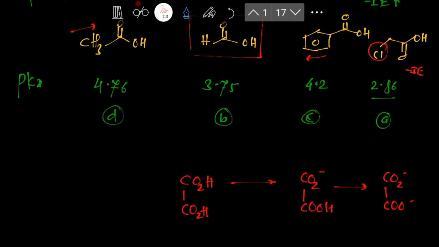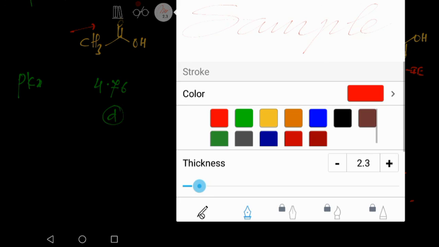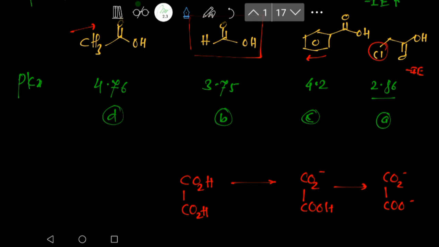So the pKa value for the first case, that is the first deprotonation, is 1.27, and for the second one it is 4.14.